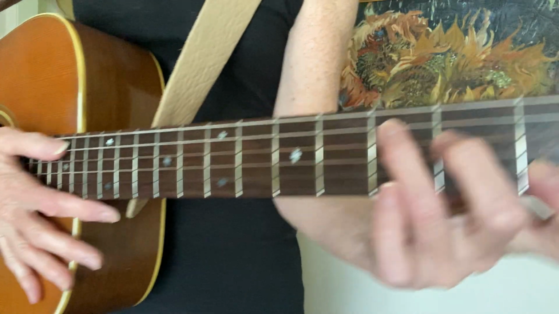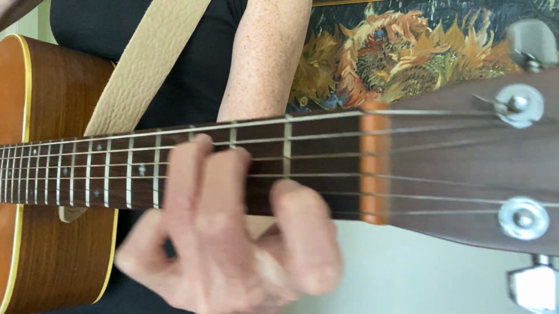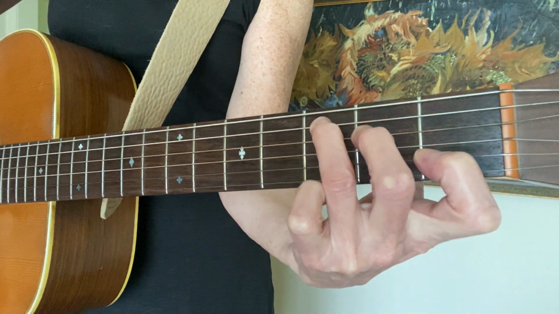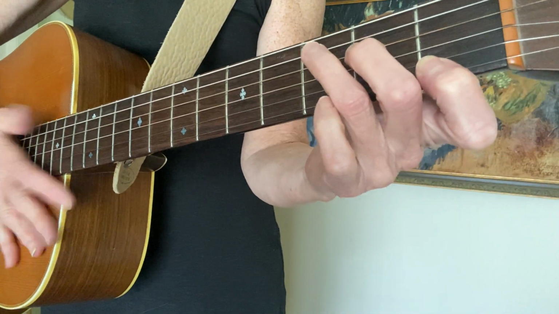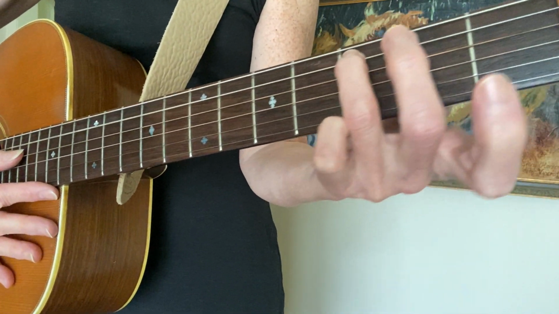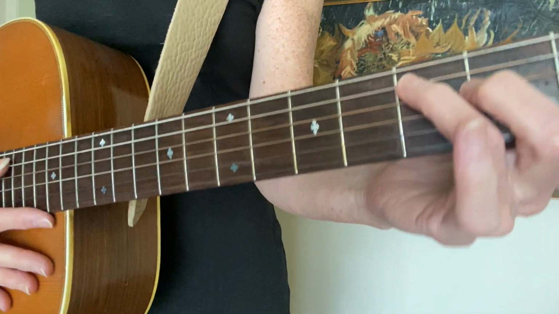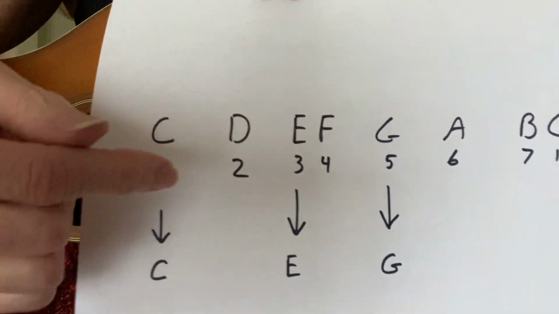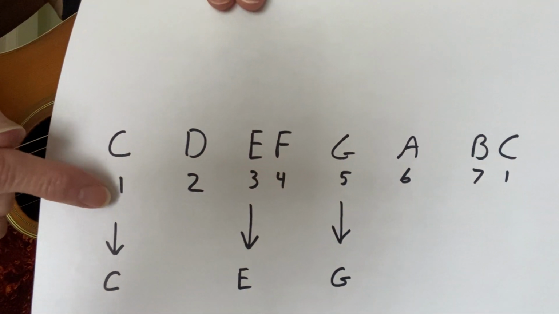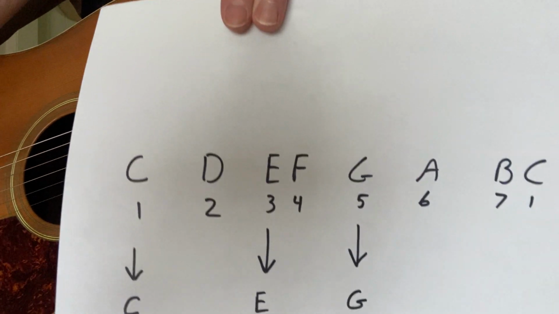When we make the C shape on guitar, every string you hear ringing is either a C or an E or a G. And the note that has the same name as the first note of the scale is called the root or the 1. A lot of times it's called 1, 3, 5, or we call it the root, the third, and the fifth.